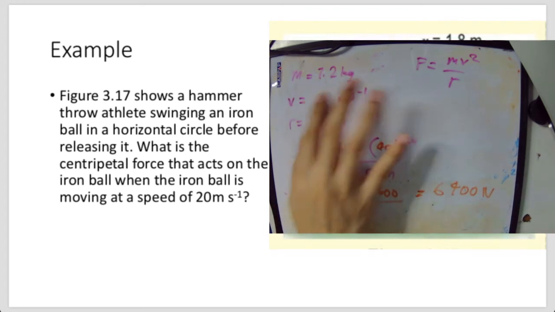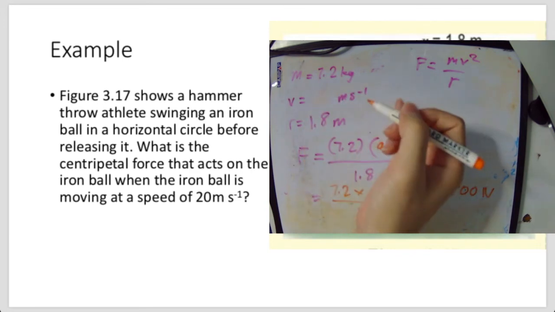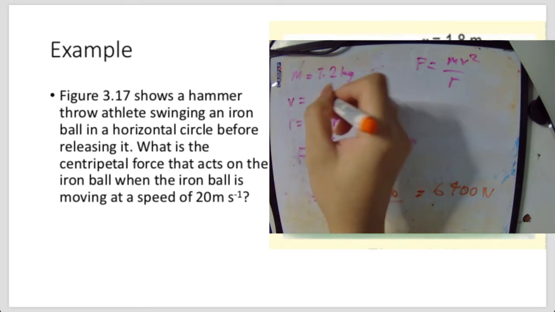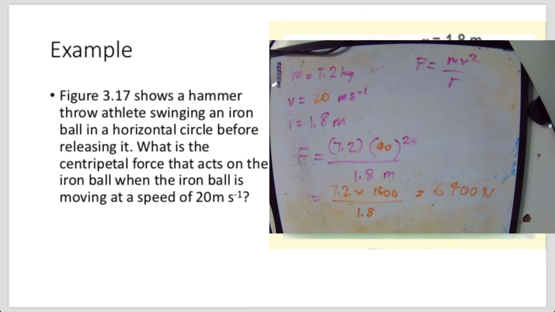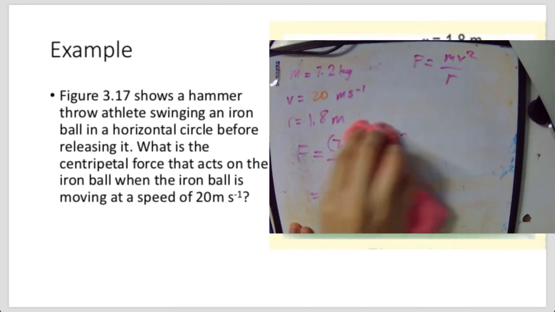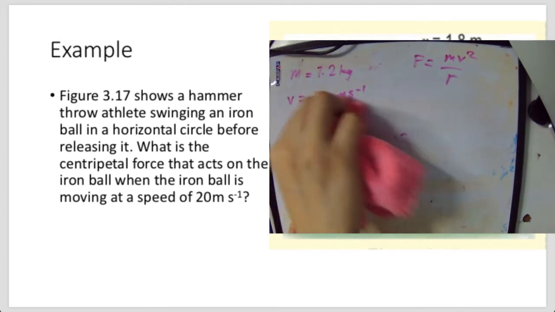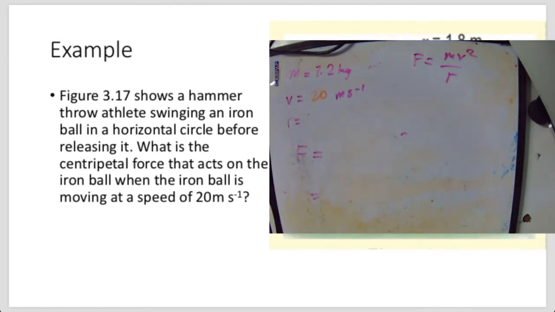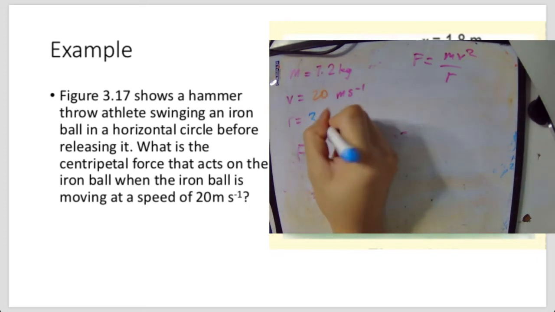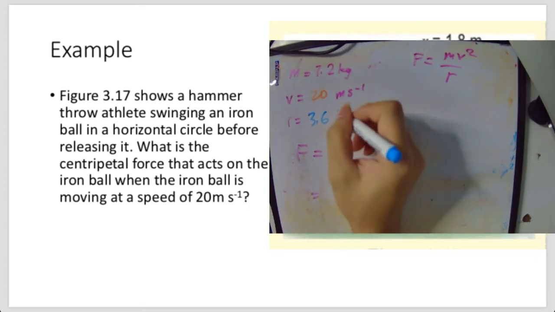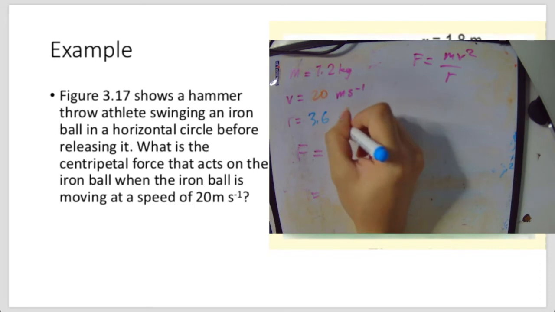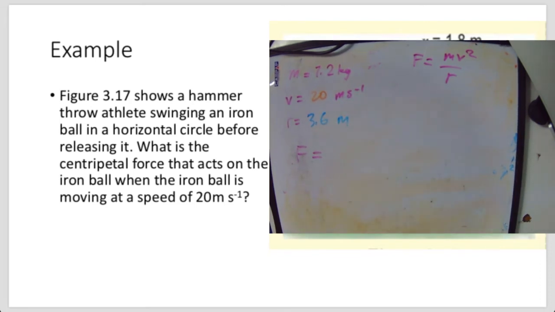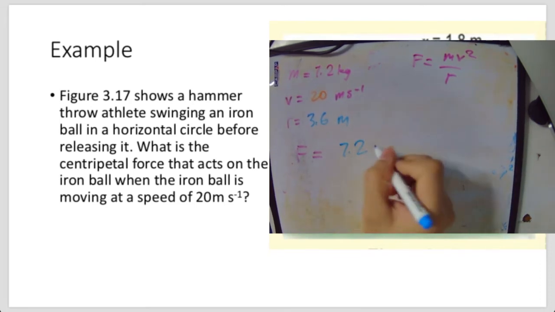Okay, I think this is important. What about if we were to increase the radius? Let's say instead of 1.8, we have 3.6 meters. So how would that change our final answer?